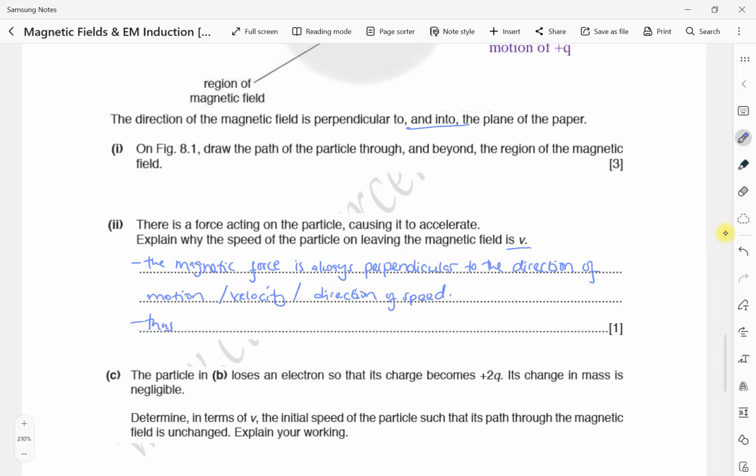Thus, the force cannot change the speed, but causes centripetal acceleration. So the force cannot change the magnitude of the speed, it can only cause centripetal acceleration.